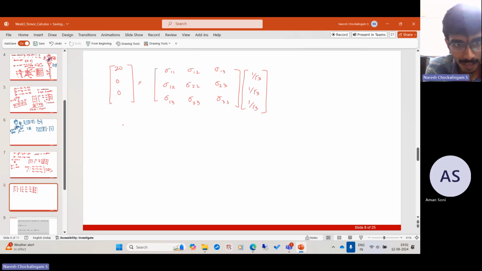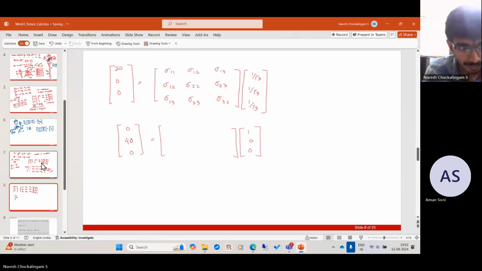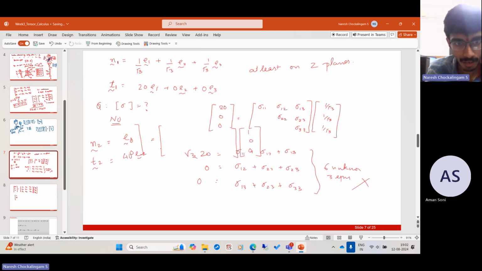And the other equation is 0, 40, 0 equals the stress tensor times the normal 1, 0, 0, since the normal is E1.